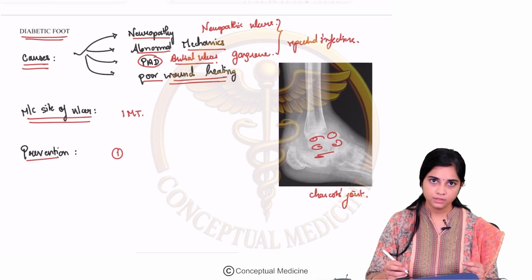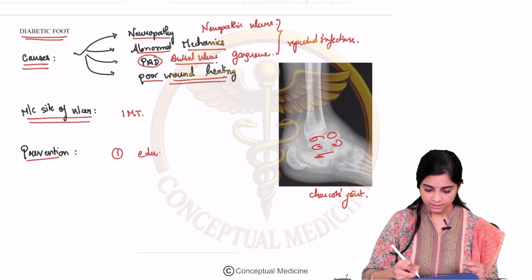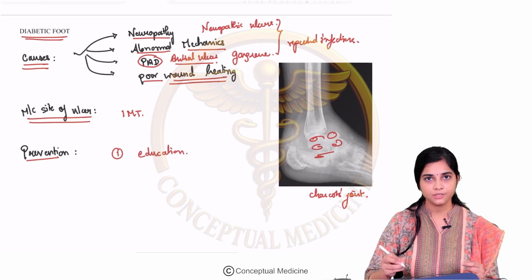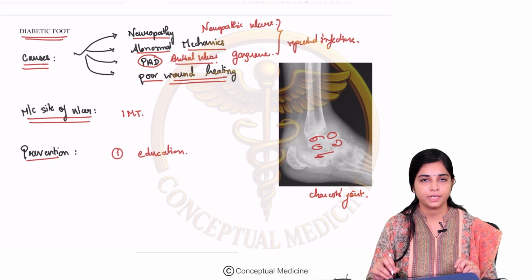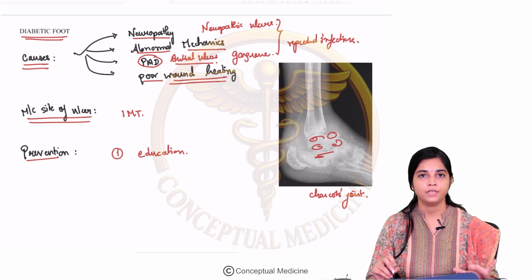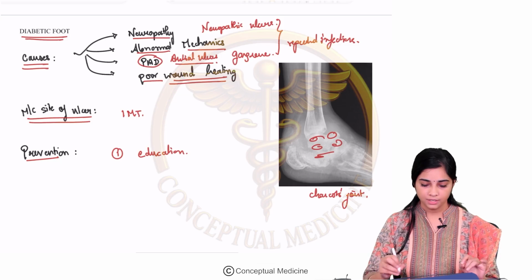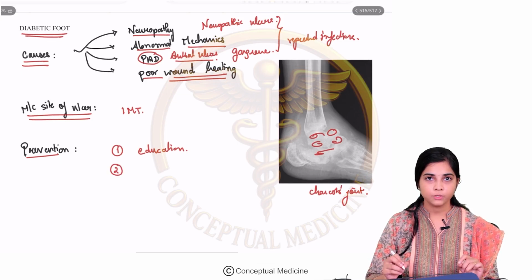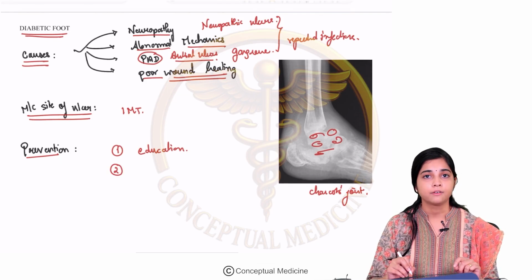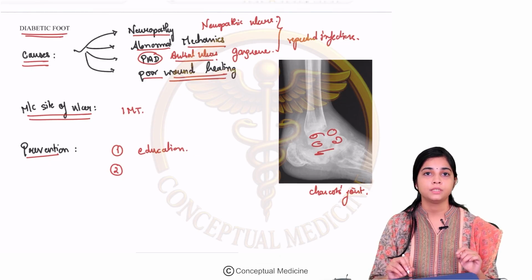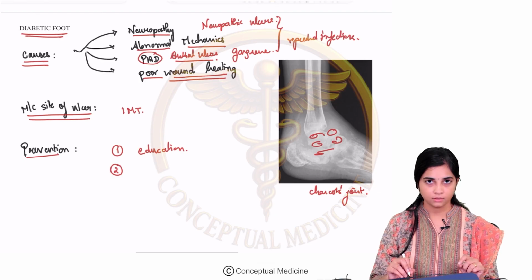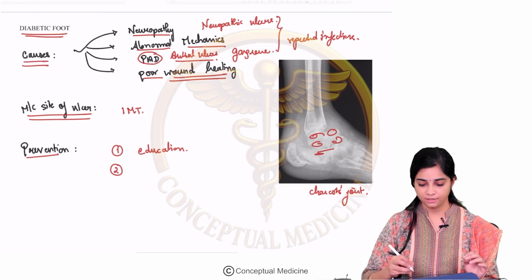The most important step in the prevention is educating the patient about proper foot care. Tell them to clean their feet thoroughly every day. Then the second step would be that they should be aware of the neuropathy and neuropathy related complications, and be careful and avoid trauma.